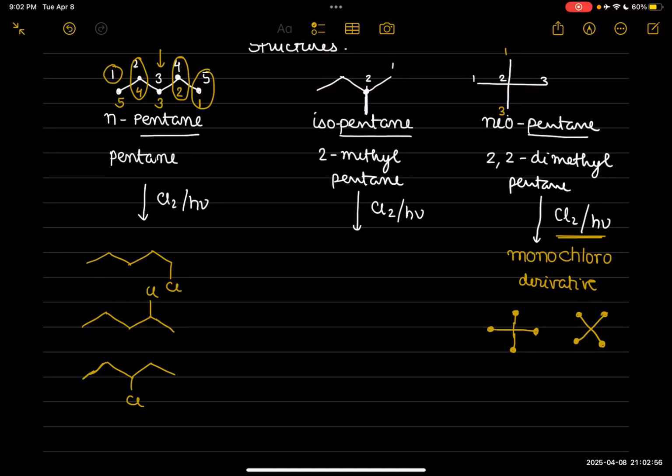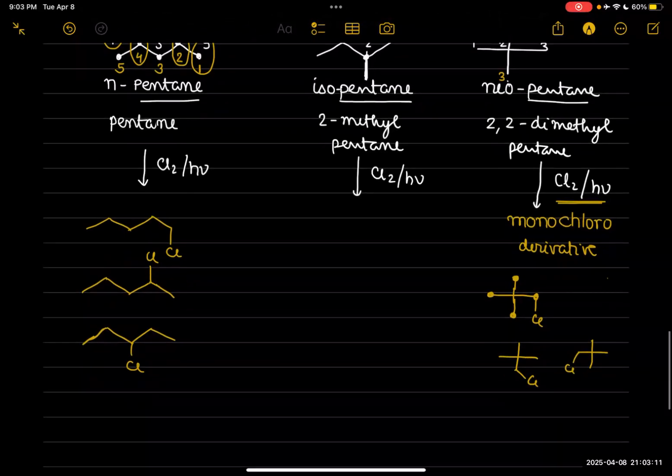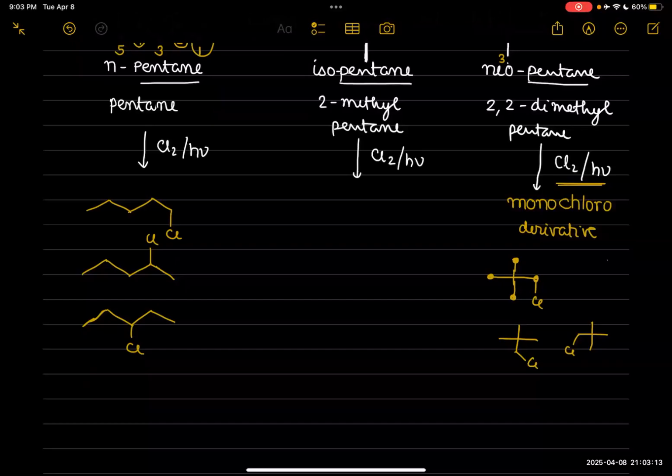Because if I put it like this, or like this, or like this, somebody may call them different. They will have different names, but will they? Yes or no? Or will they have the same name?